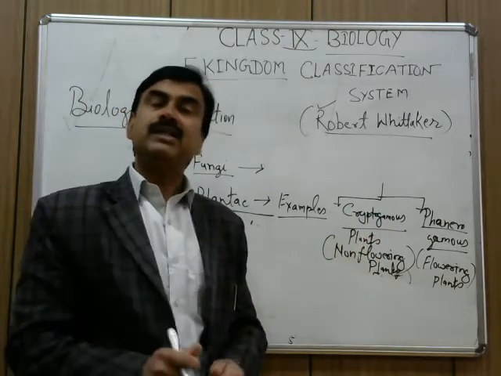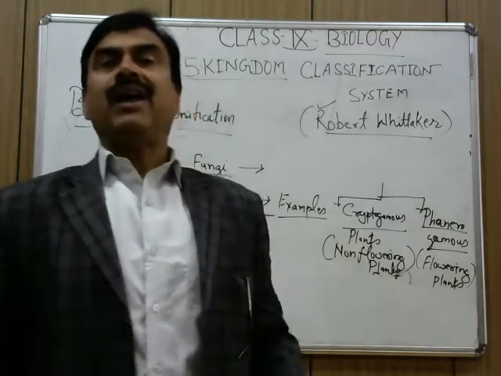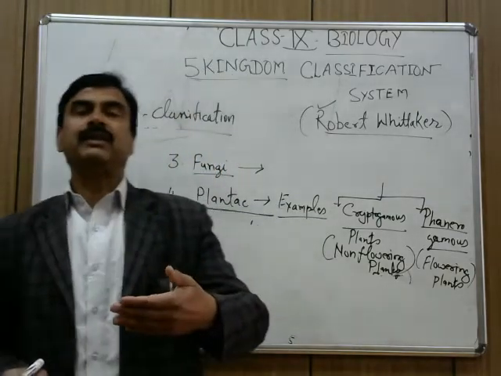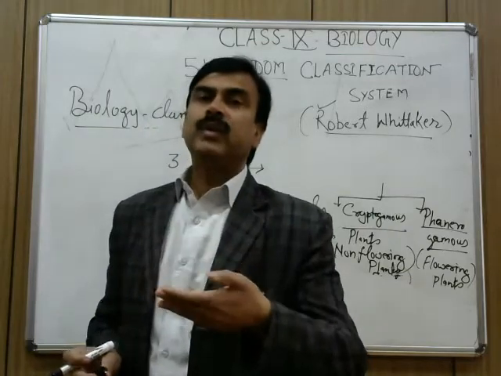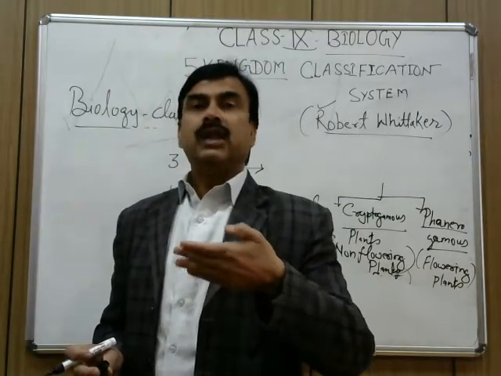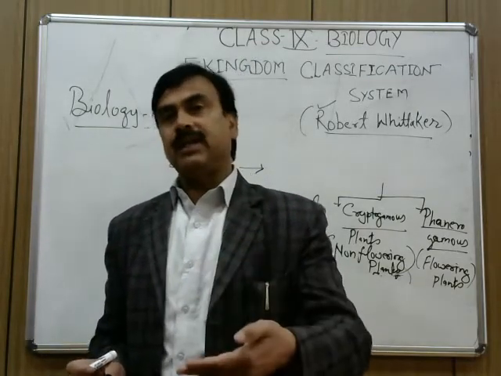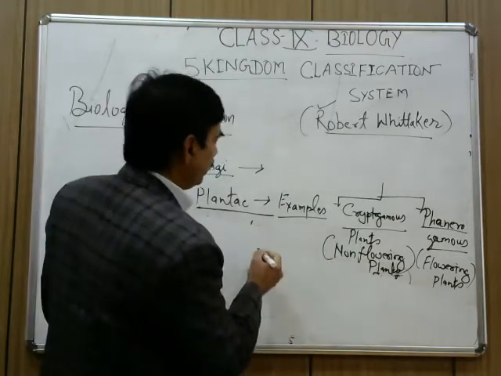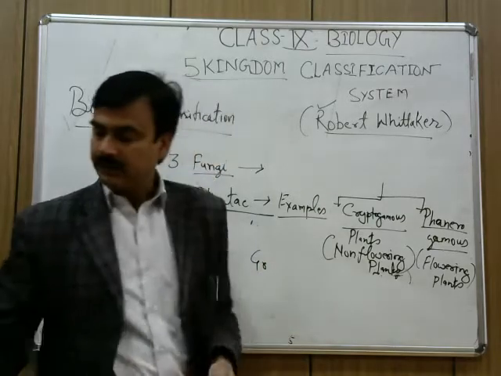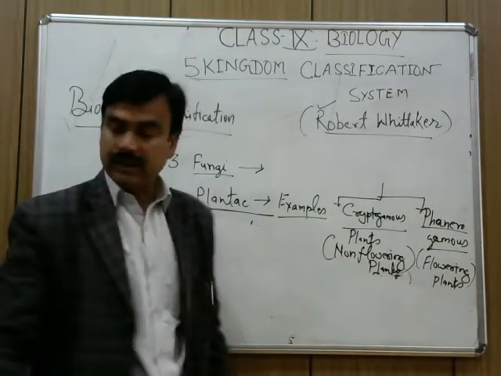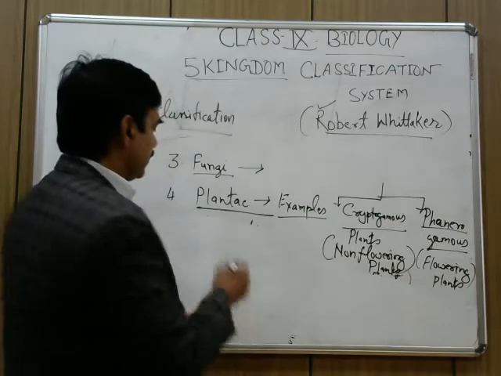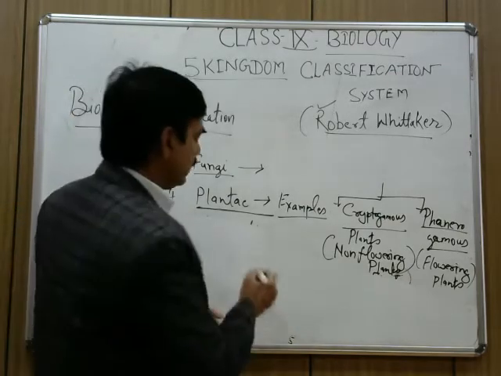Cryptogamous is non-flowering, and for the further division, you must remember the non-flowering plants: Thallophyta, Bryophyta, Pteridophyta. Again you can remember there are 3 groups.